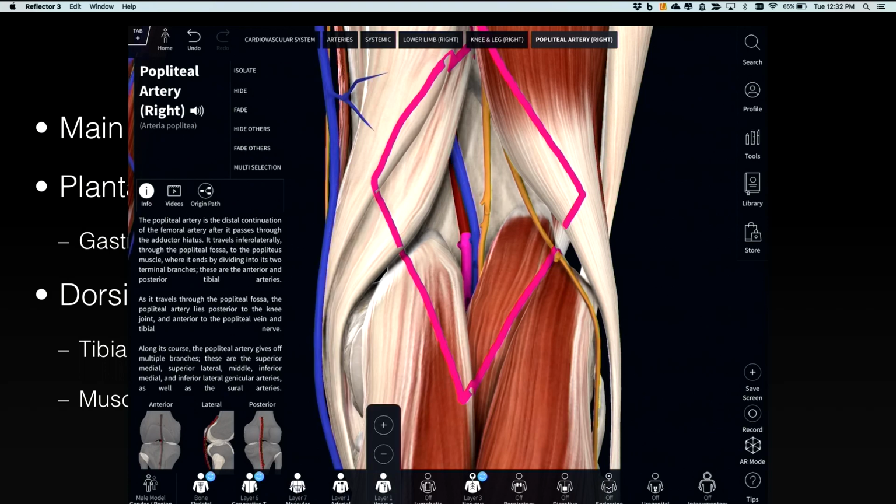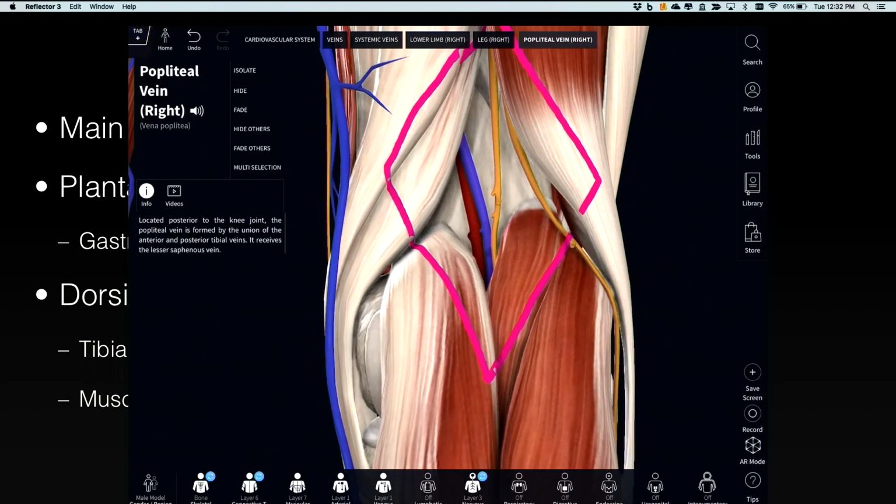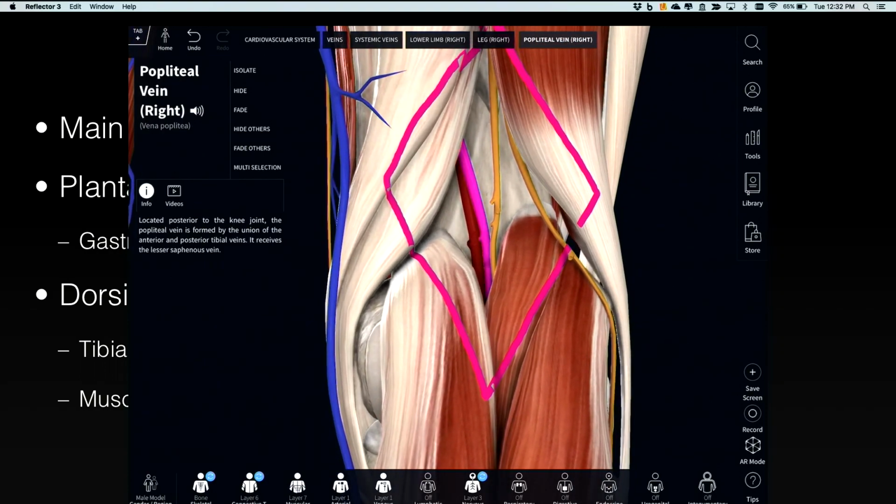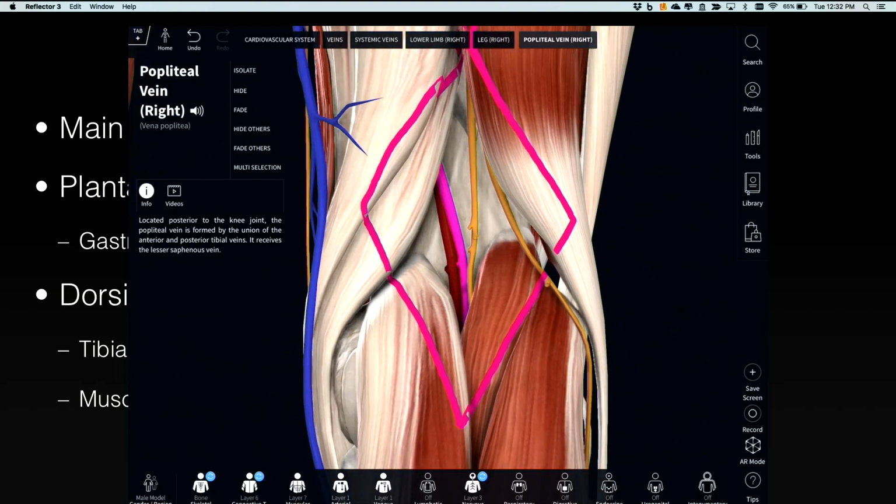And on the venous side, which is always the third item in the list, the thing furthest from our mind, in close relationship with the artery is the popliteal vein. Only the popliteal vein. These are the important structures of the popliteal fossa, this diamond shape shown here.